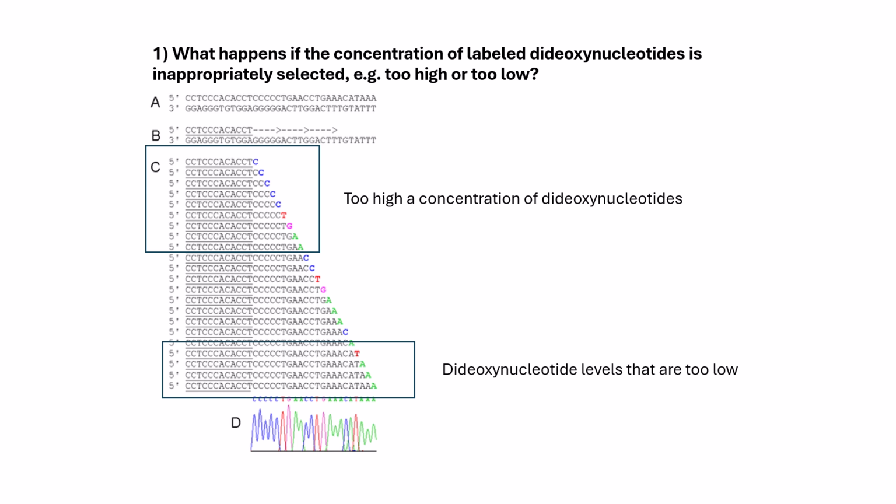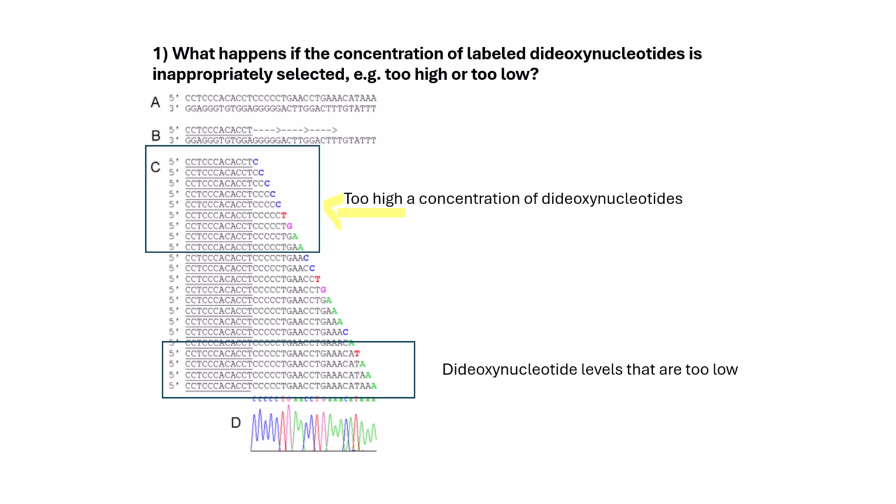What happens if the concentration of labeled dideoxynucleotides is inappropriately selected, for example, too high or too low? We start with too high a concentration. If we have too high a concentration, there is a high chance that a colorful nucleotide will be immediately incorporated when the reaction starts. So preferentially, short fragments will be formed.